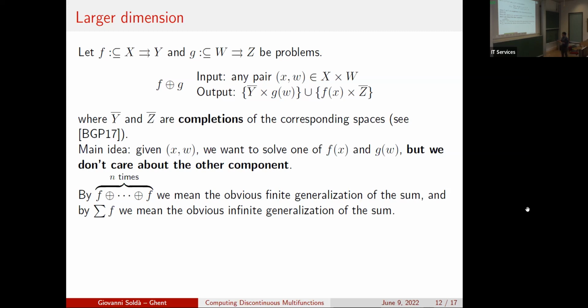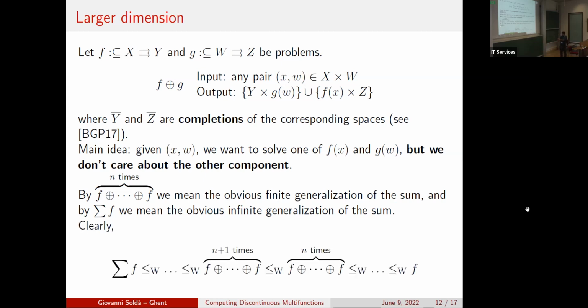And you can define the infinite sum with essentially the same idea. I'm not going through the definition, but the idea is: you take countably many instances of F, and you want to be able to solve at least one of them. So it actually is the obvious generalization of the sum to the infinite case.